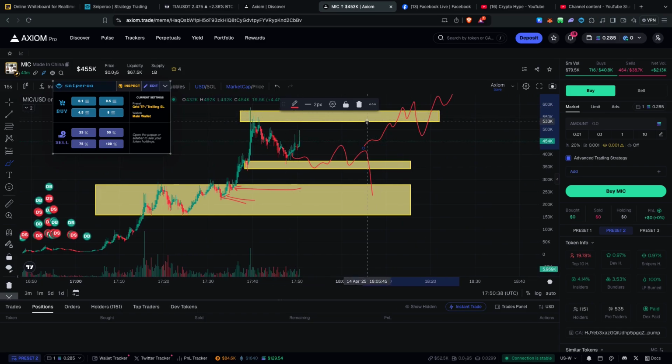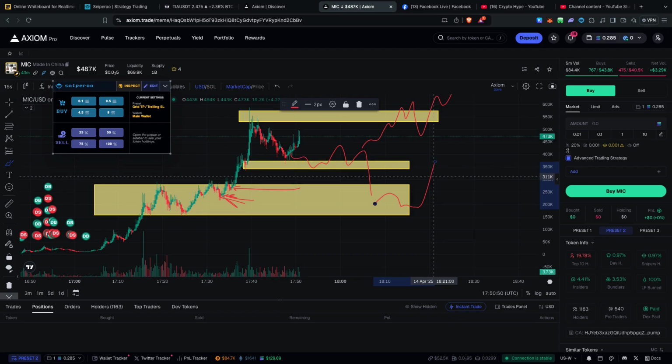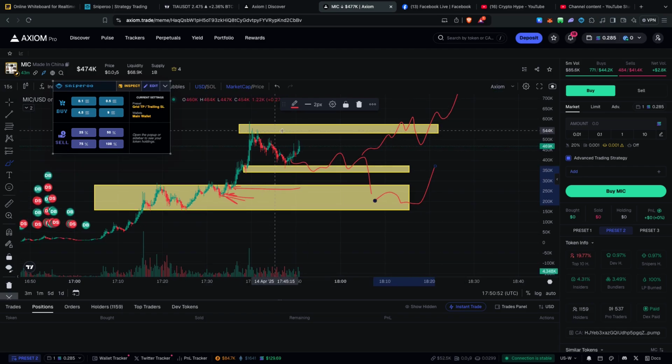So there's only two ways you can invest in such a coin. Wait for the price to come back to this area of value right over here, and you see that there's support. That's when you jump in. Or you wait for the breakout in case the price doesn't come back down to that level.